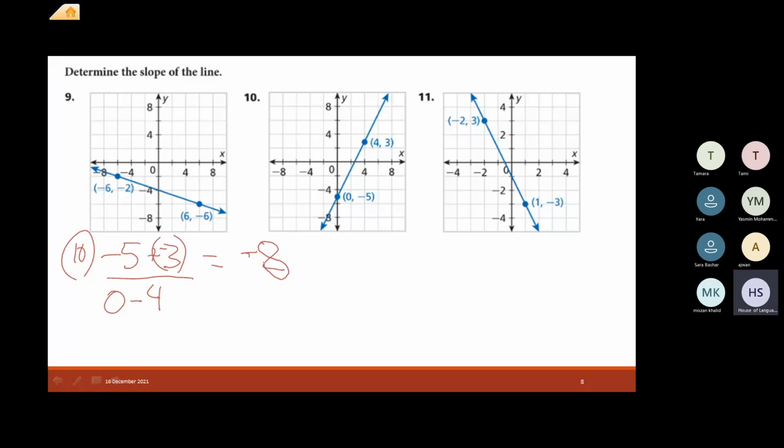Can you do them all the same way? Give it to me. 0 minus 4. 0 minus 4 is what?